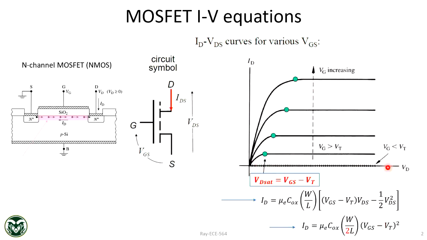At the beginning, when drain to source voltage is low, the gate voltage should be sufficiently high to turn on the transistor, right? That's the fundamental. If it is low, then it is sub-threshold operation, current is very low. But when gate voltage is sufficiently high, drain current can be given by these two equations.